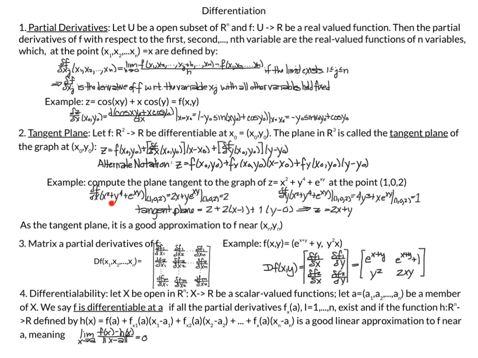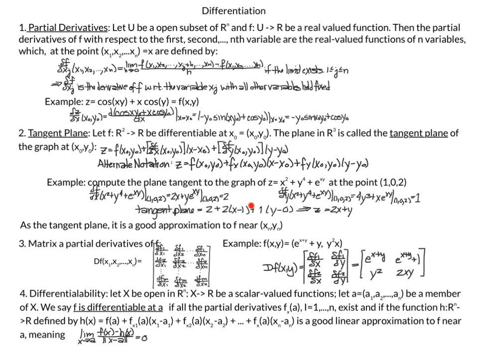The y to the fourth is a constant, so it goes away, and then e to the xy, the derivative would be y e to the xy. We evaluate that at (1, 0), plugging in 1 here, 0 here, we get 2 as our answer. So this is this 2 times my x minus x naught. So that's x minus 1, since x naught is equal to 1.